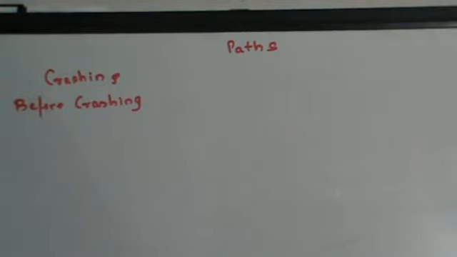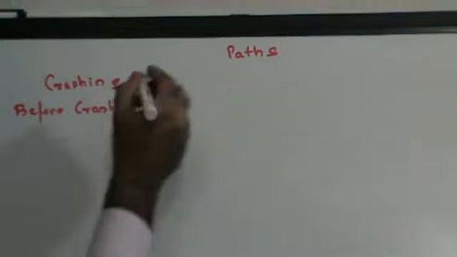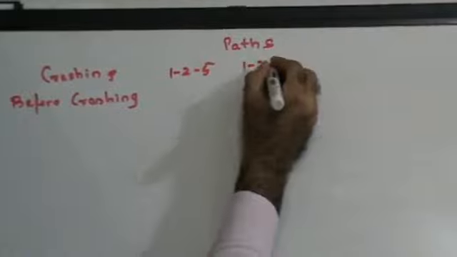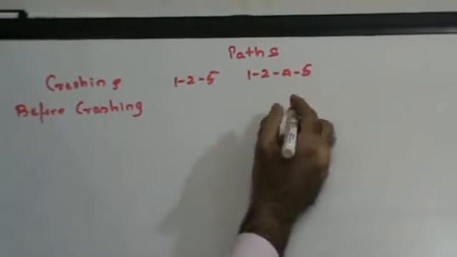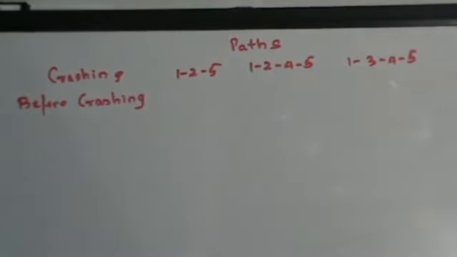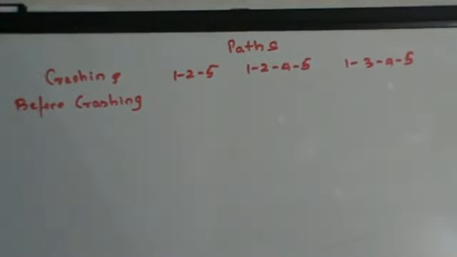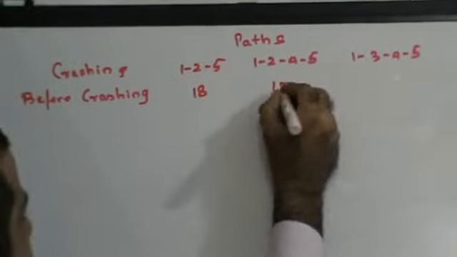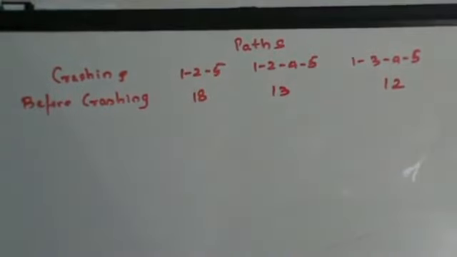Fine, do we get this? These are my various paths. Once I have the paths, the time for each one of them is also known to me. This is 18 days, 13 days and 12 days, right?